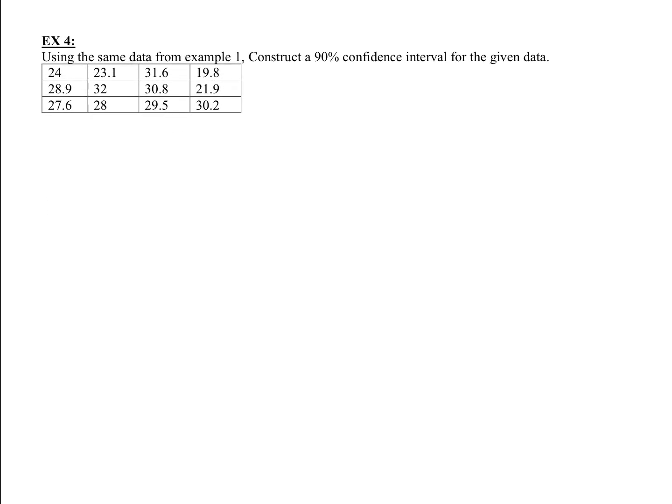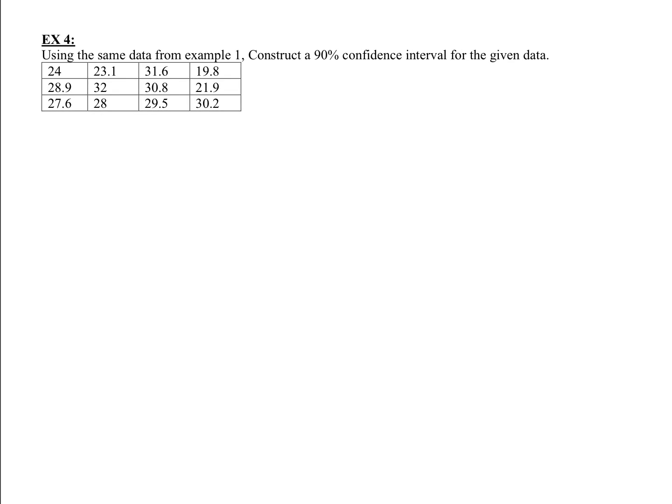Now let's take a look at example 4. So using the same data we had for example 1, we're going to construct a 90% confidence interval for the given data. So the first thing that we want to do is compute x bar and s, but we actually already found x bar previously. So I'm going to go ahead and write down our x bar from example 1.